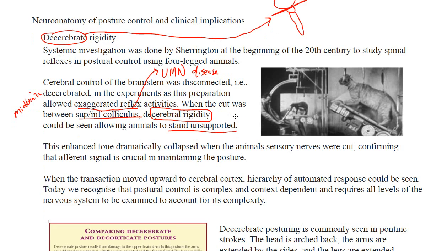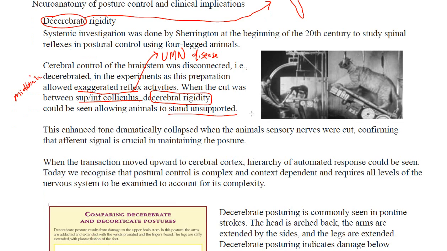Interesting thing is the cat was able to stand unsupported, but when the sensory nerves were cut, this preparation is done by dorsal root severance. So this is also known as deafferentation, removal of afferent, which is sensory.